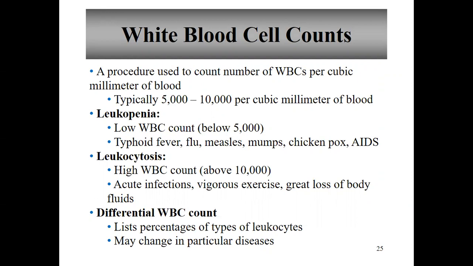The way they do that is they take a sample of your blood. It can be a small tube of blood. It can be a drop of blood, depending on what all they need blood for. Then they drop a drop of blood onto a special microscope slide.